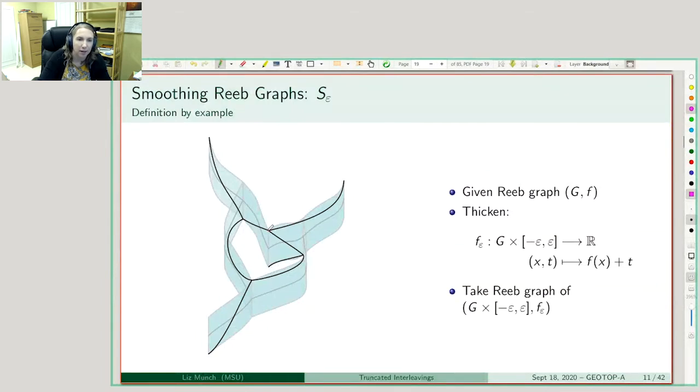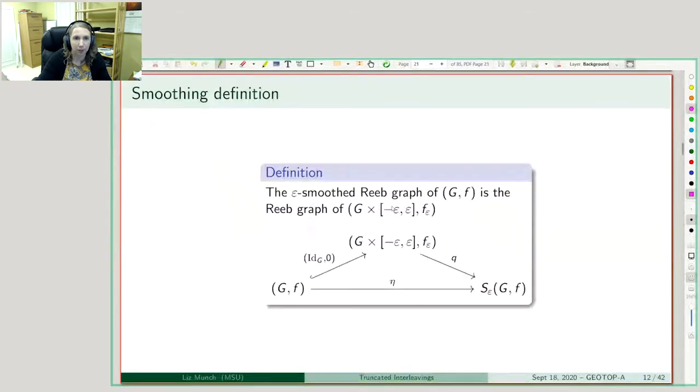So it's got splits that happen at the various locations where the splits happen in my weird ribbon-looking picture. And so this is the end result of my operation. All right, so I get a Reeb graph, I thicken it, and then I take the Reeb graph of that object, and that gets me a new Reeb graph. This is what I mean by smoothing.